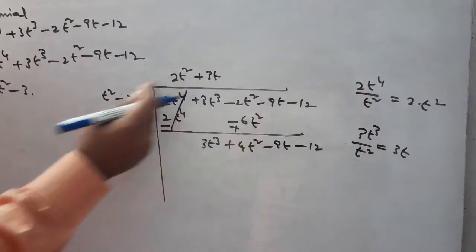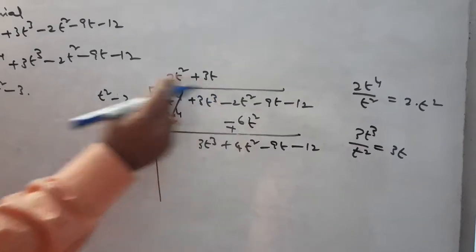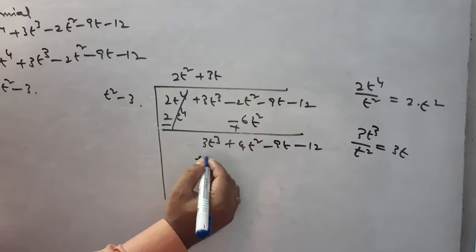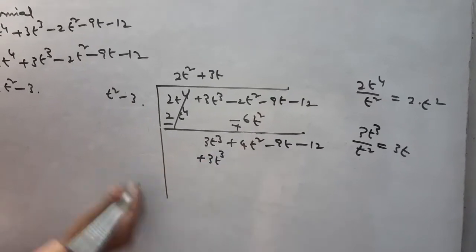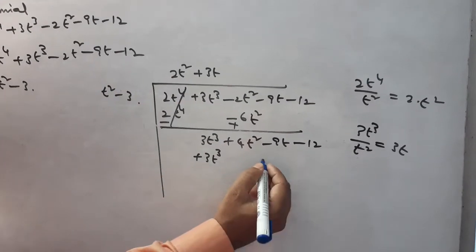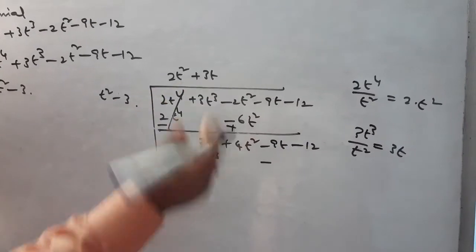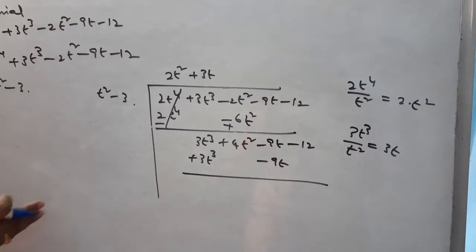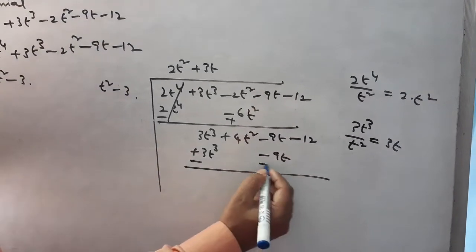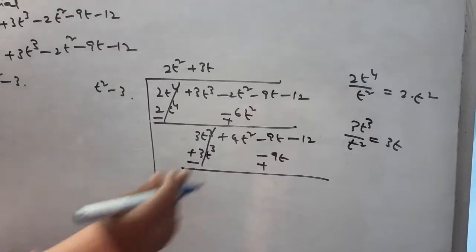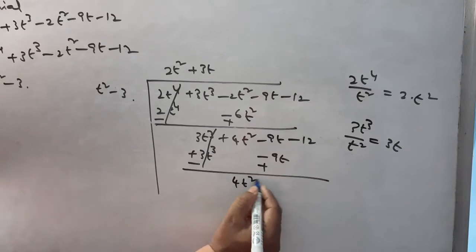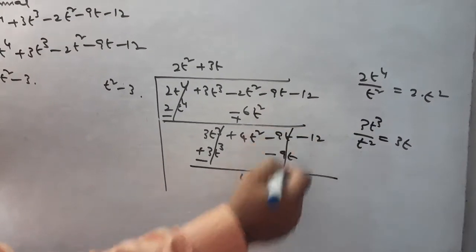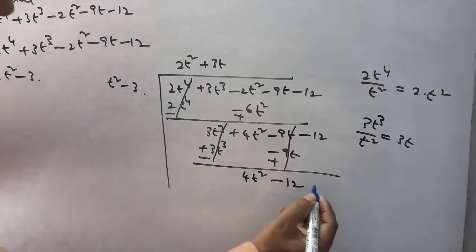Now 3t multiplied with t square minus 3: plus into plus, plus t square into t, 3t cube, minus into plus, minus, here 3 into 3t, 9t. Here the signs will be changed, minus plus, this both will be cancelled, 4t square. Here 9t plus minus 9t will be cancelled, remaining is minus 12.